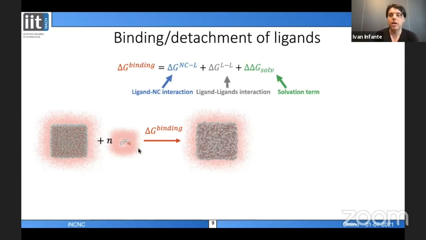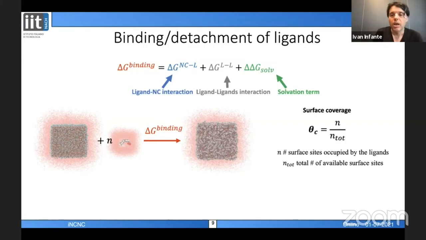So the solvation term is not zero. A great example of this is micelles: when they aggregate, the aggregated system is more soluble than the single components. We also have to consider that these terms are directly related to the surface coverage. As we show later, different surface coverages will provide different free energy contributions.